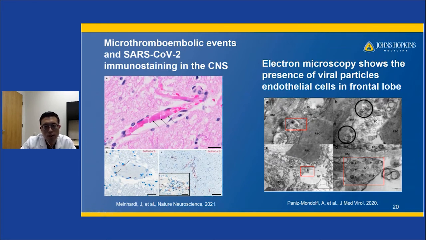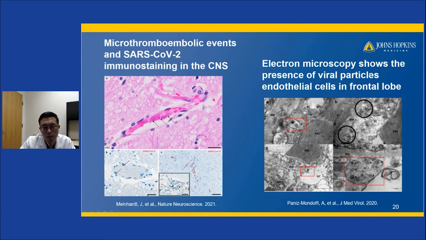And this is showing similar things you can see in the EM here, electron microscope, that you can see viral particles in various stages of bud formation, I have to say, and brain capillary endothelial cells showing various particles within cytoplasmic vacuoles. You can see in the arrow here viral particles in the endothelial cells.